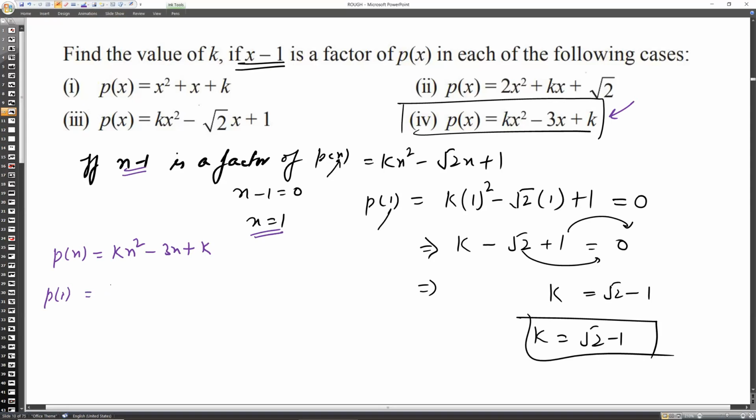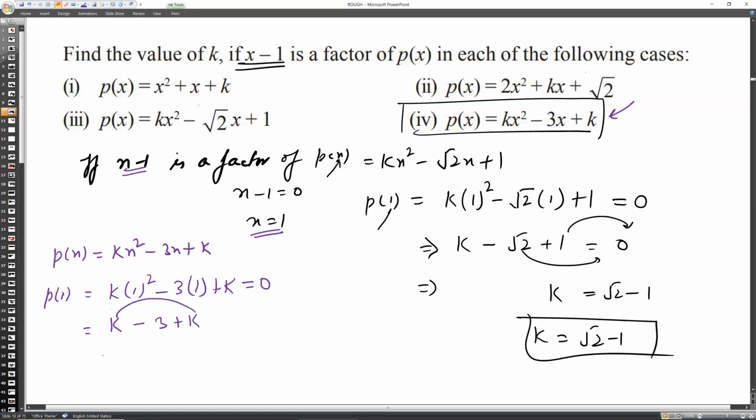You'll get k into 1 square, then minus 3 into 1 plus k. You have to equate it with 0, because it is a factor. So this will be k minus 3 plus k.